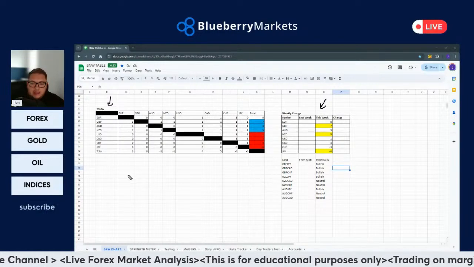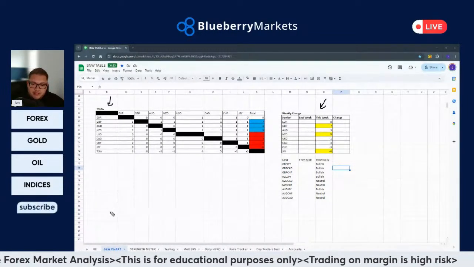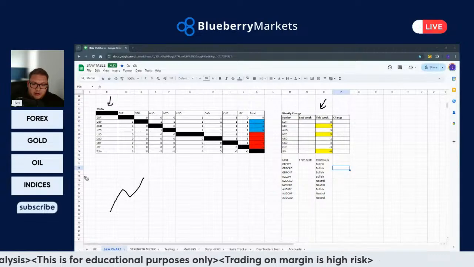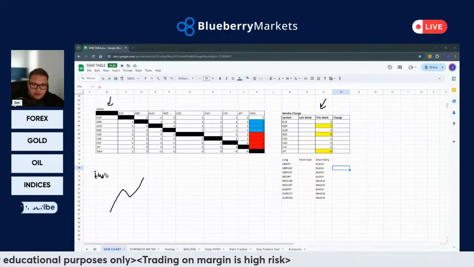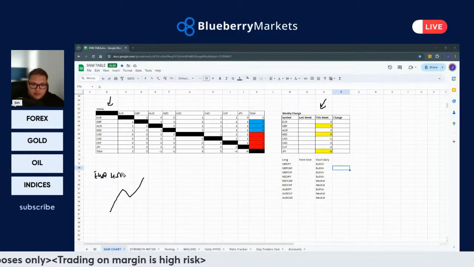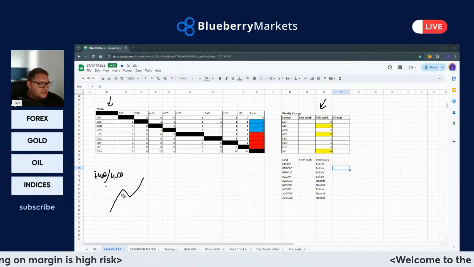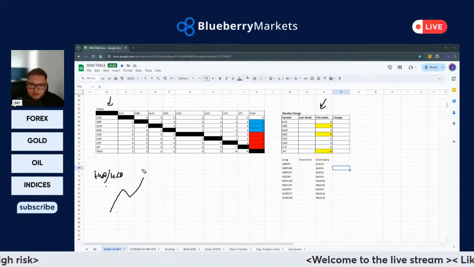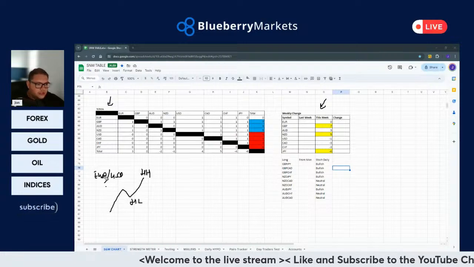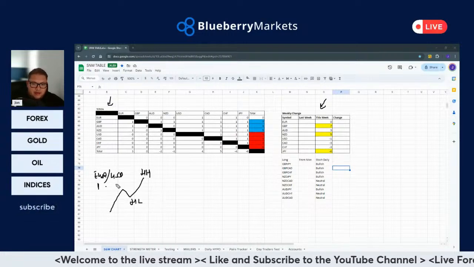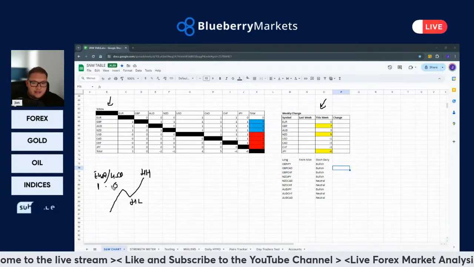The way I base it is that if price makes a higher high, let's say that is euro dollar, euro versus the dollar, and it's in an upward trend, making higher highs and higher lows, I would score the euro a 1 and the US dollar a 0. That's the way I like to do it.